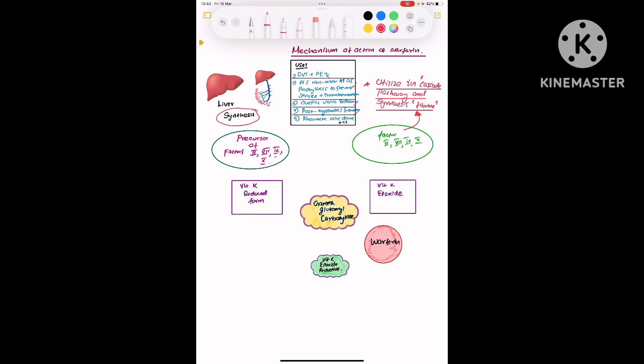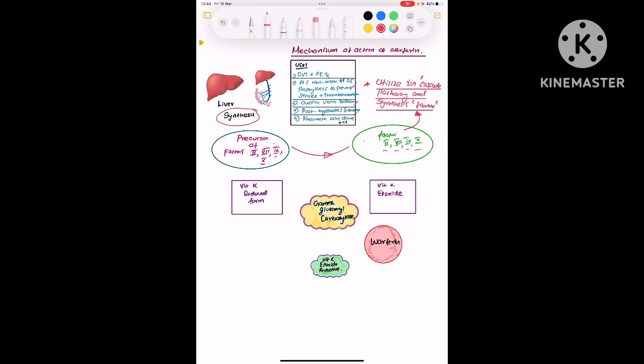This reaction won't happen alone, right? When these precursors of factor 2, factor 7, factor 9 and factor 10 are synthesized by our liver, they should convert into the active form of factor 2, factor 7, factor 9 and factor 10.